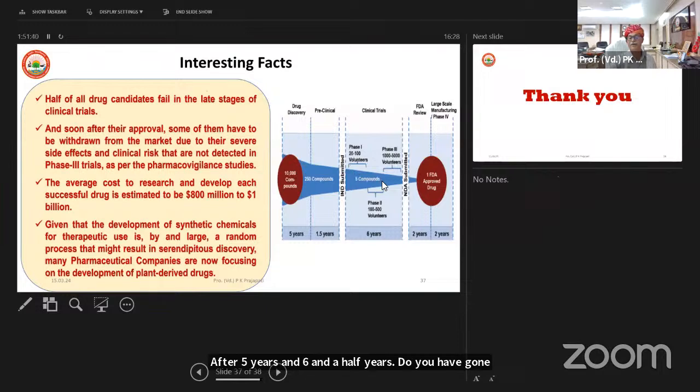Then only 5 compounds go to phase three, and after 6 to 12.5 years only one is finalized and given approval by the FDA. It will again take more than 4 years. So around 16 to 17 years for the development of a new molecule. It is a very difficult task for all of us.